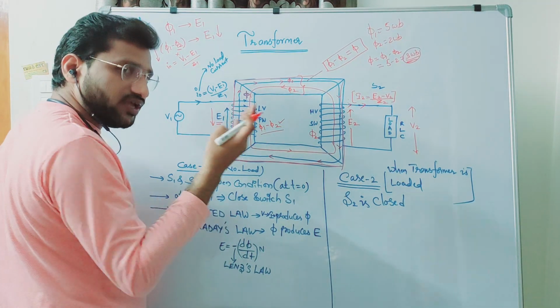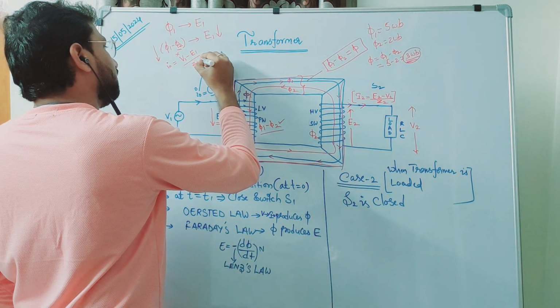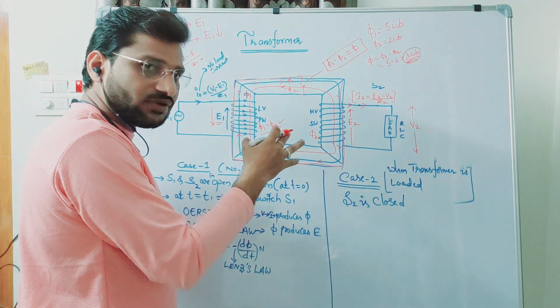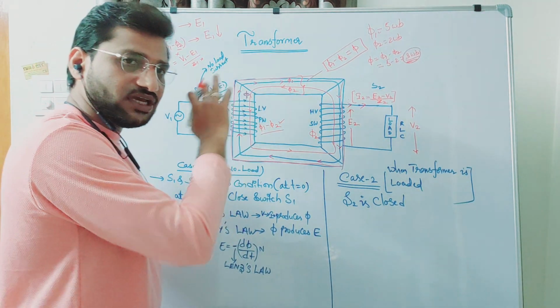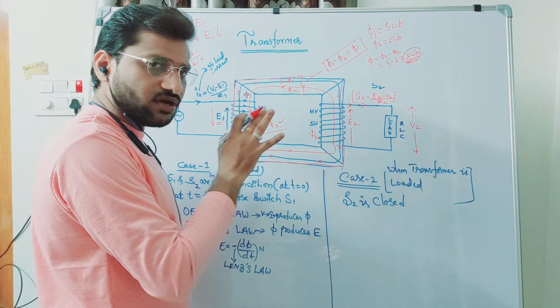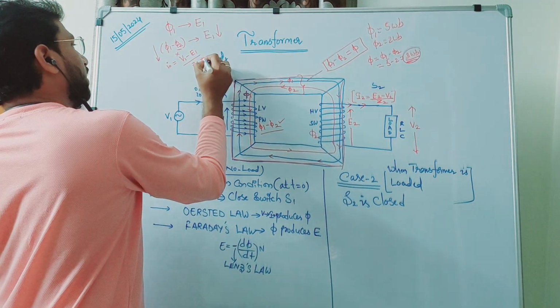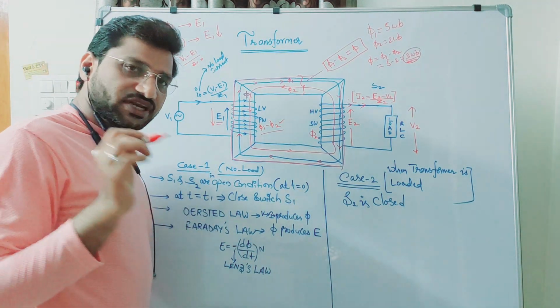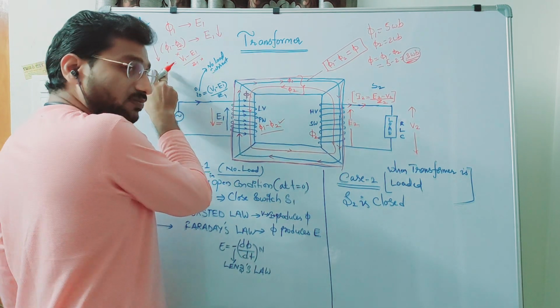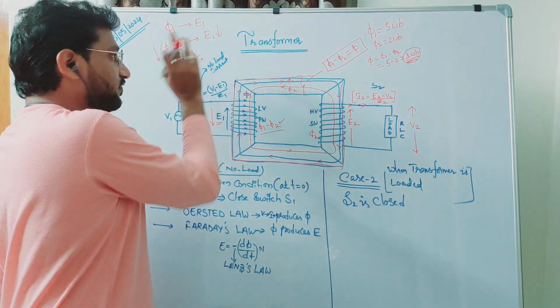Now for this winding, impedance is also constant, if you ignore the temperature effects, because the heating effect of the transformer is very less, since we have cooling mechanisms. So as a whole, impedance is constant, voltage is also constant. The only variable which can decide the magnitude of the input current is E1.